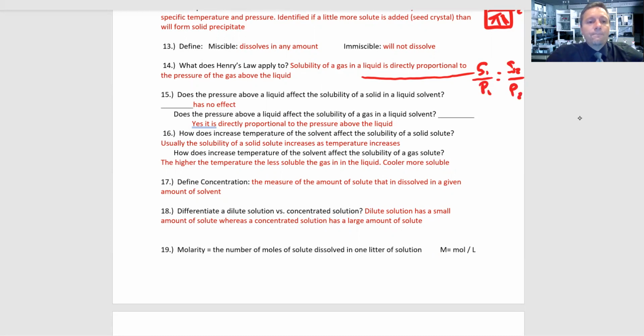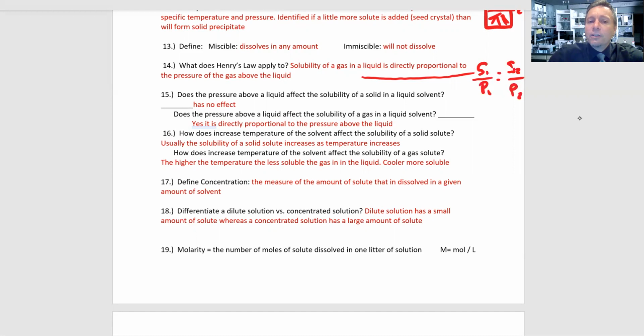That's Henry's law. Number 15, how does the pressure, and these 15 and 16, please pay very good attention to this. How does the pressure above a liquid affect the solubility of a solid in a liquid? There is no effect. The pressure above a liquid, when you're trying to dissolve a solid solute, has no effect.